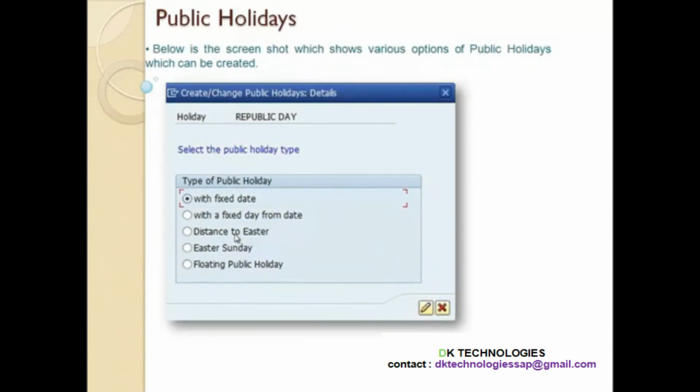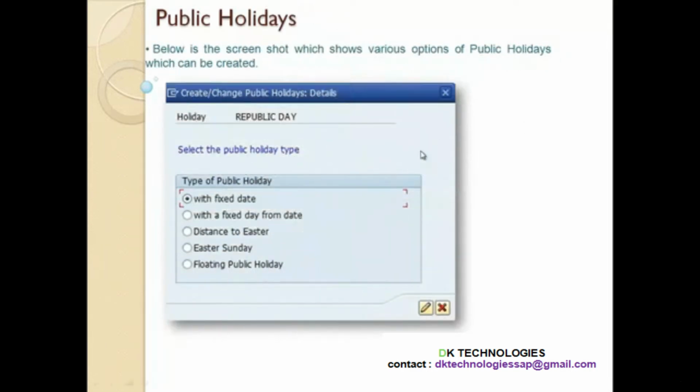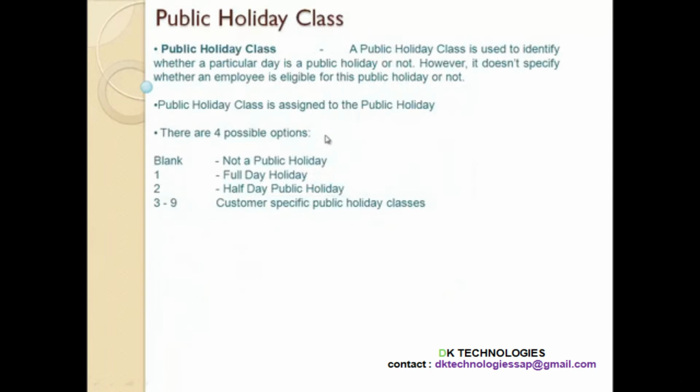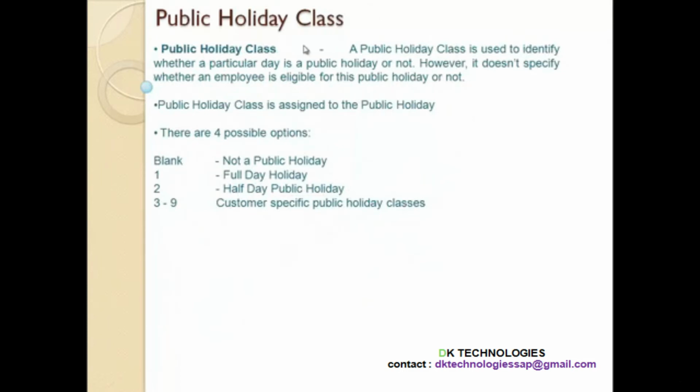While creating the public holiday, there is a characteristic of a holiday, like whether it is a full day or a half day or it is not a public holiday.